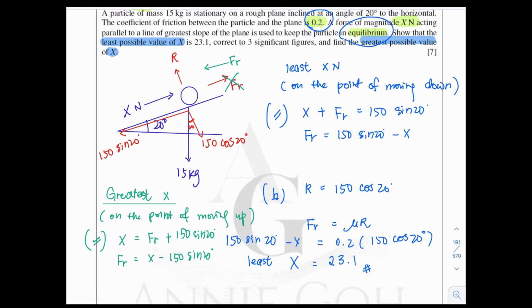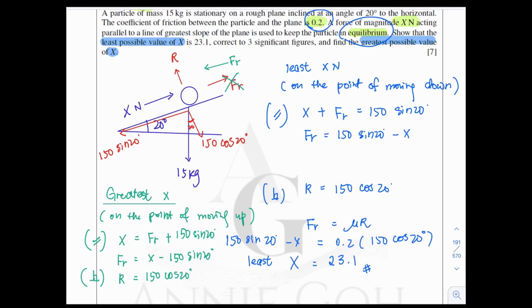As I mentioned earlier, the perpendicular direction equation should be the same as the previous case. So the R, upward force, is equal to the downward force, which is 150 cos 20.